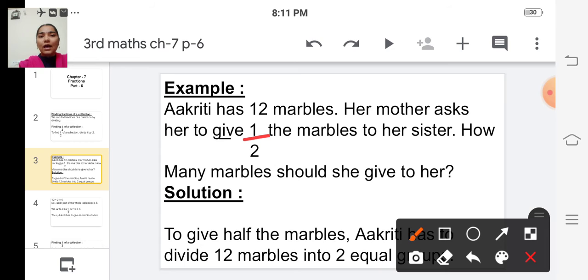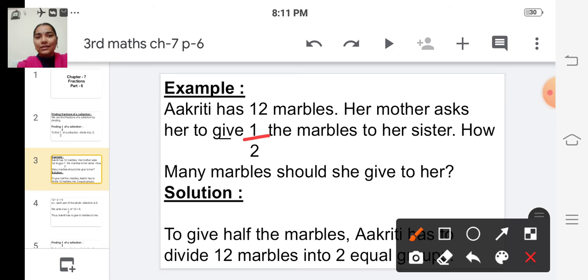Her mother asks her to give half the marbles to her sister. How many marbles should she give to her?